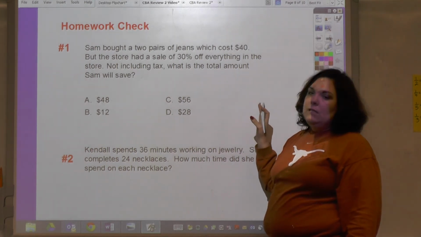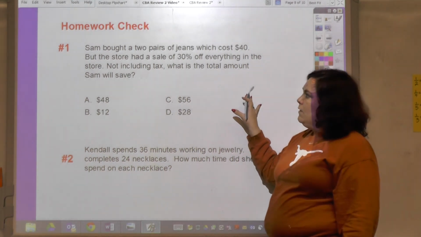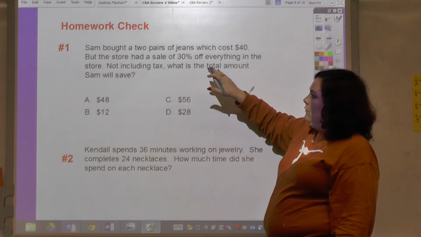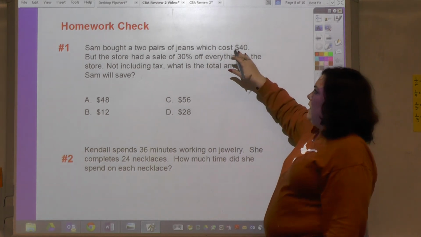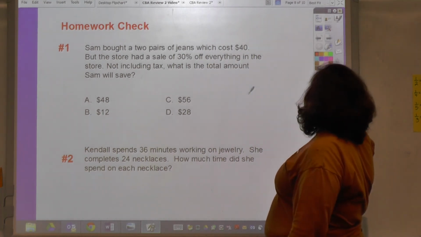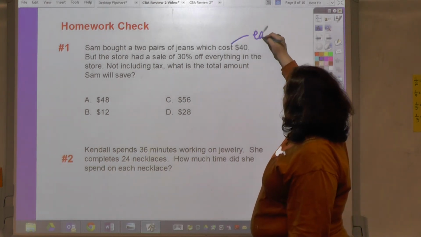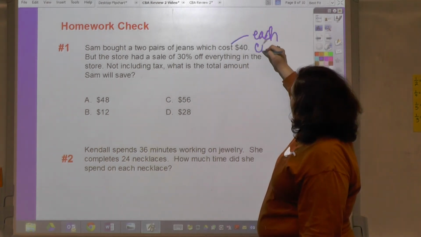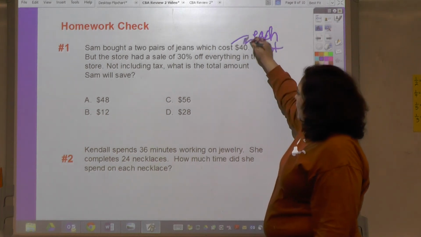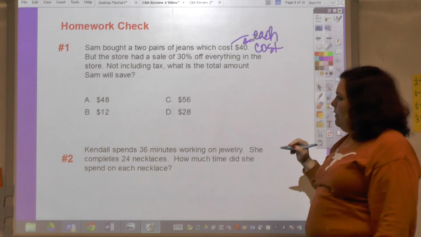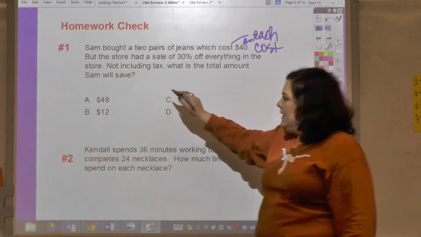So this is just like what we just did. It's even 30%, but let's say 2 pairs of jeans which each cost $40, okay? So do that, and then what is the total amount he will save?